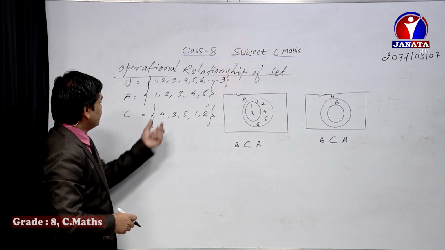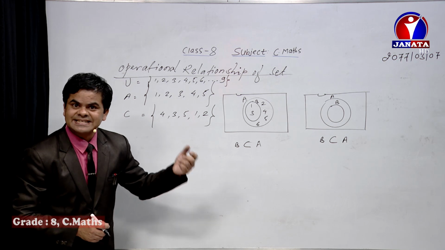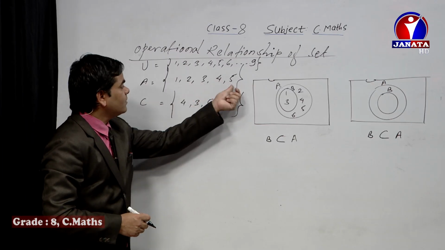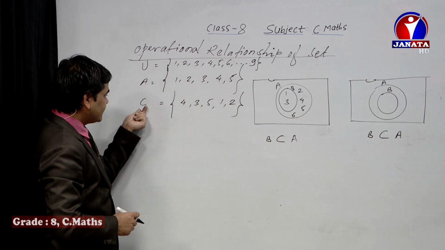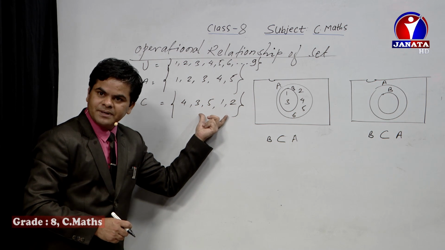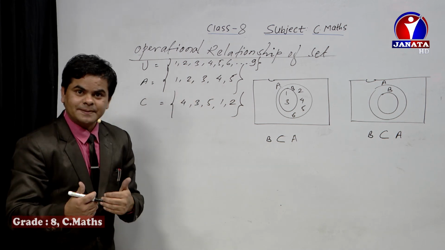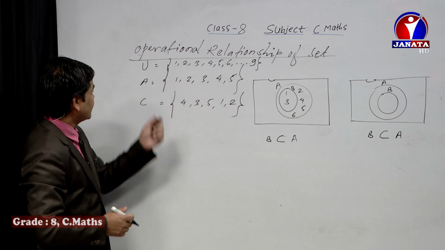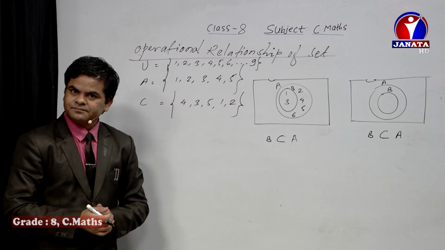Dear friends, look here. They are improper to each other. The relationship between set A and set C is improper because the cardinality is equal also: n(A) equals 5 and n(C) equals 5. Although those elements are kept in different positions, the same elements are found. So the relationship between A and C is improper.